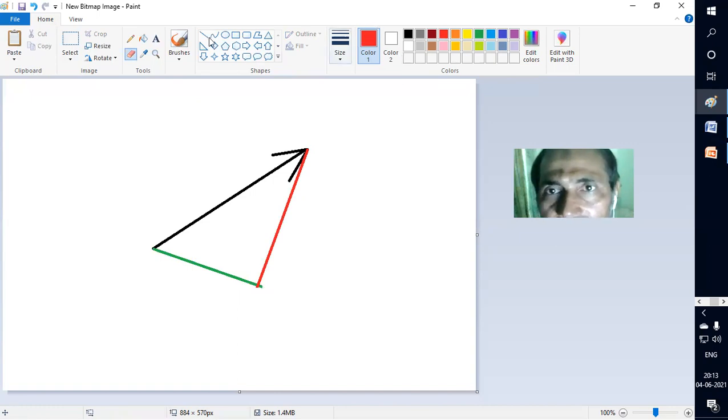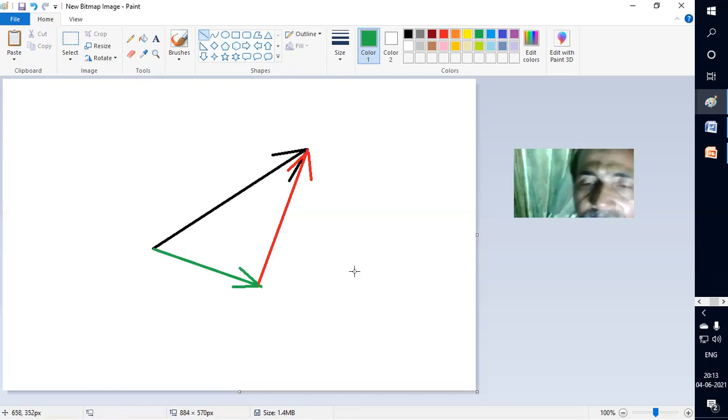In this triangle, this is one vector, red color vector, and this is green color vector. According to the principle of addition of the vectors, you see here, green color vector and red color vector, both of them are moving in anti-clockwise direction, whereas black color vector is moving in clockwise direction, right?